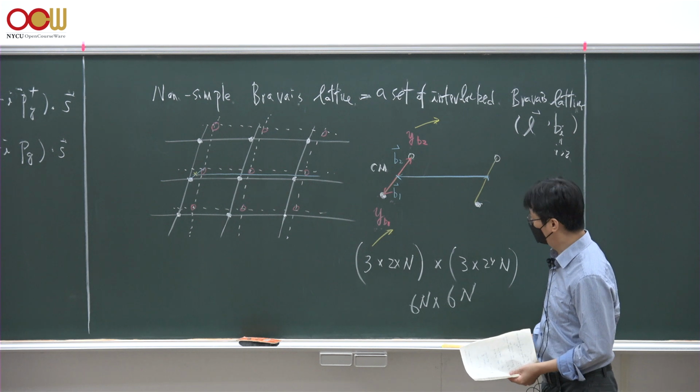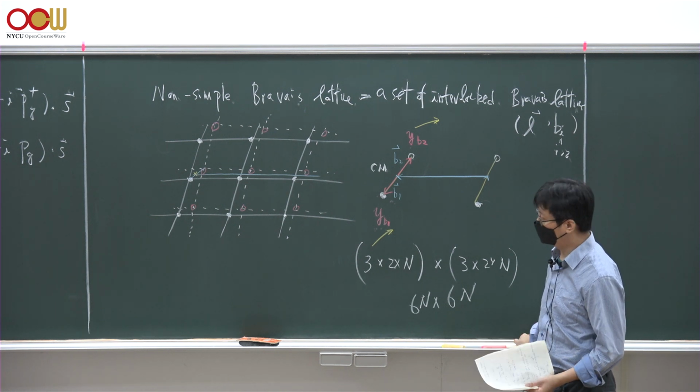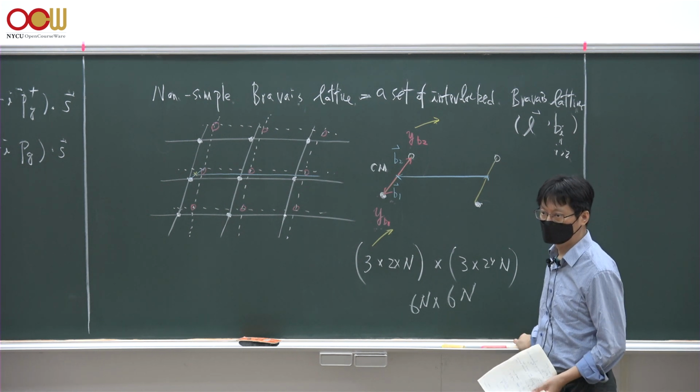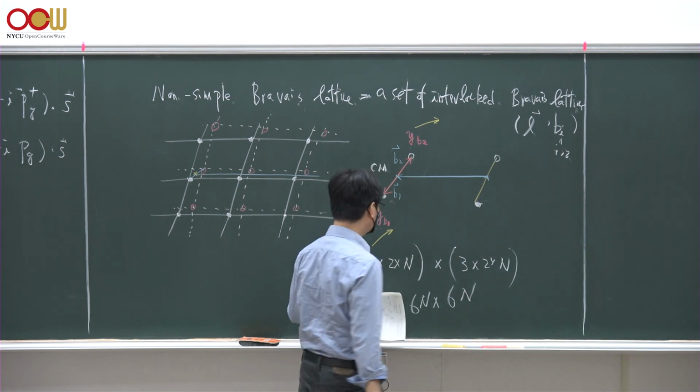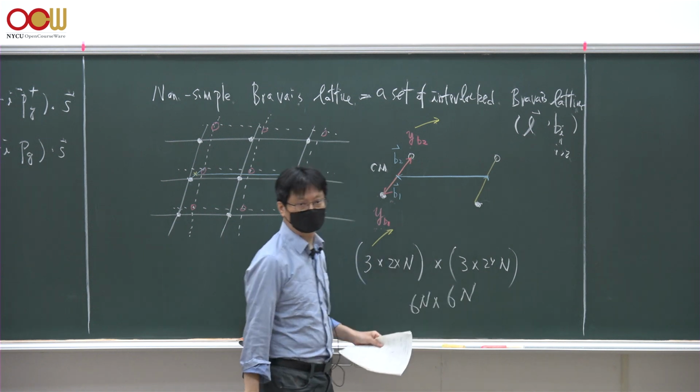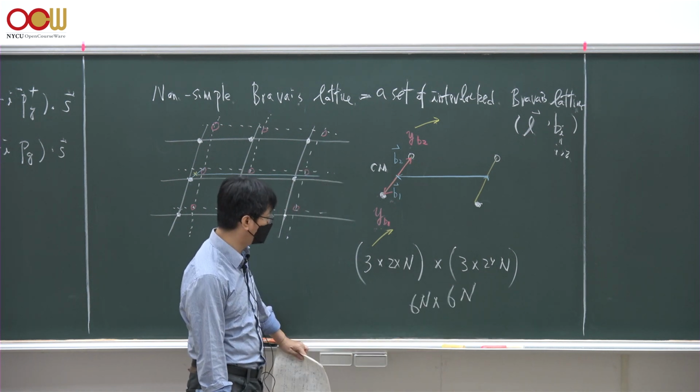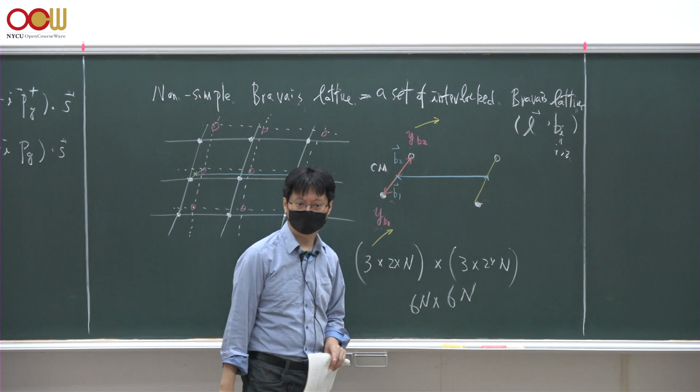In a simple Bravais lattice in 3D, you have a 3N by 3N matrix, but here you double the degrees of freedom in each of the column and row directions, so you get 6N by 6N in total.